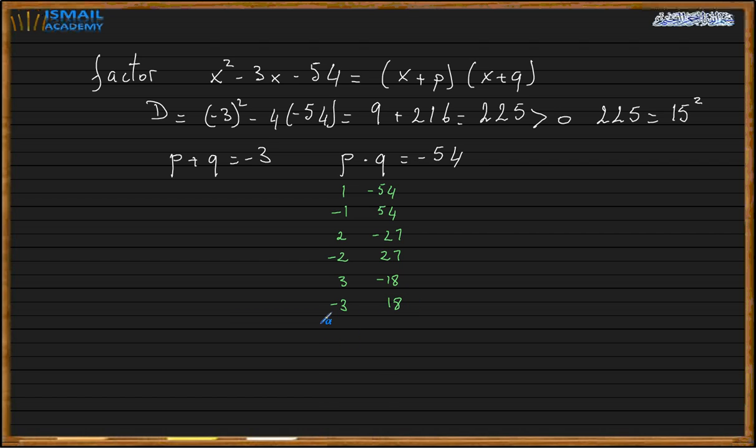Do we have 4? No. 5? No. 6, so we have 6 and minus 9, minus 6 and 9. What else? Alright, so those are the only pairs, so I'm going to add those pairs.